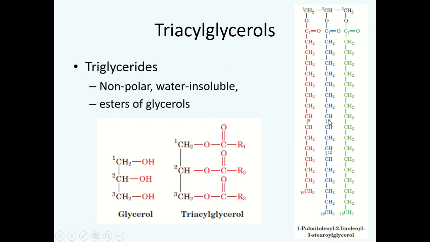So you can see that between carbon 9 and 10 and carbon 12 and 13, there are two double bonds. The third one shown here is a saturated fatty acid, which is stearic acid. It is also an 18-carbon fatty acid. So therefore, the name of this triacylglycerol is 1-palmitoyl, 2-linoleoyl, 3-stearoyl glycerol.